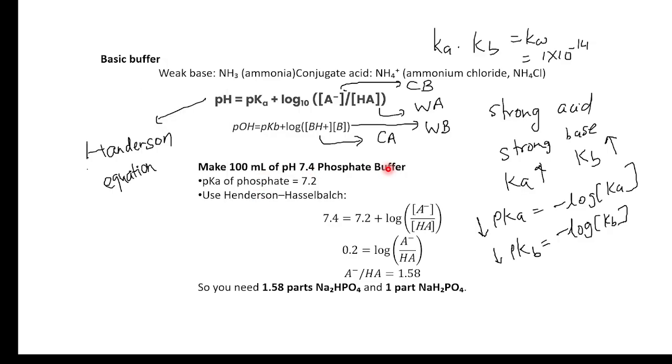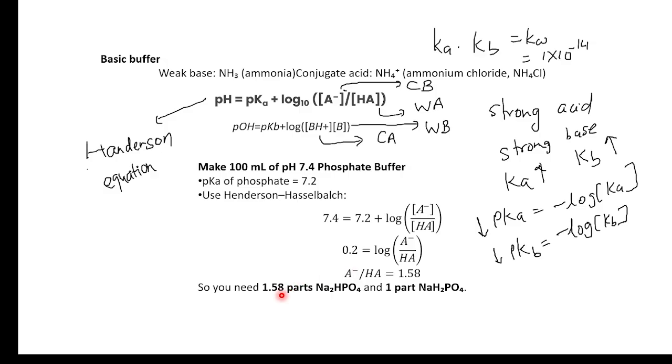Okay. So now coming to how you can make a phosphate buffer, which is the PBS solution, of pH 7.4 by using this equation. So you can say the pH you want is 7.4, and the pKa of this buffer is 7.2, which is given. Then you can calculate A negative by HA. A negative is the conjugate base, and the conjugate base is Na2HPO4, and the weak acid is NaH2PO4 because it has one more H plus ion.